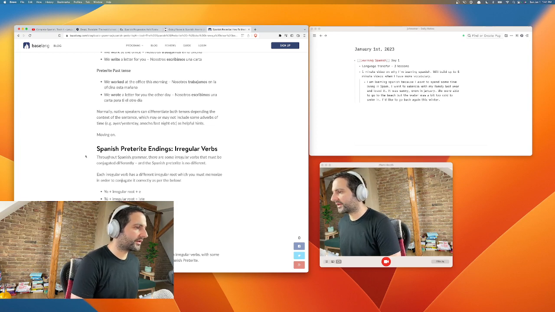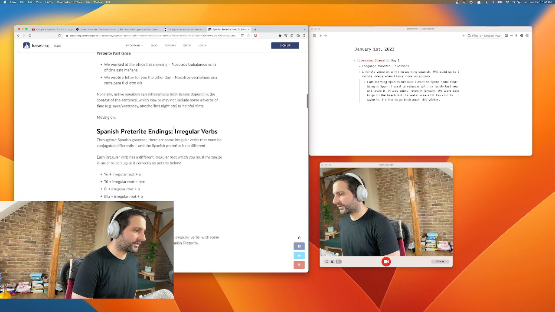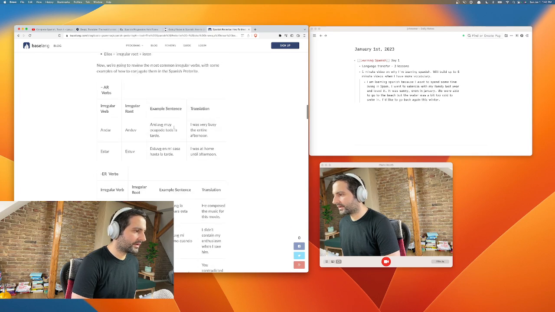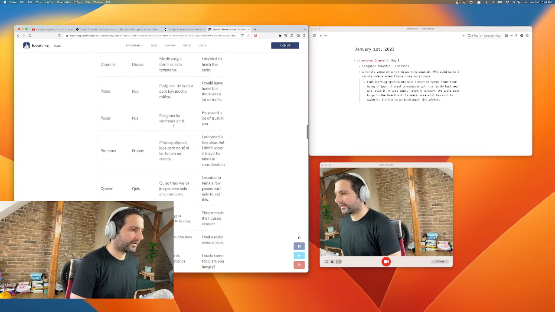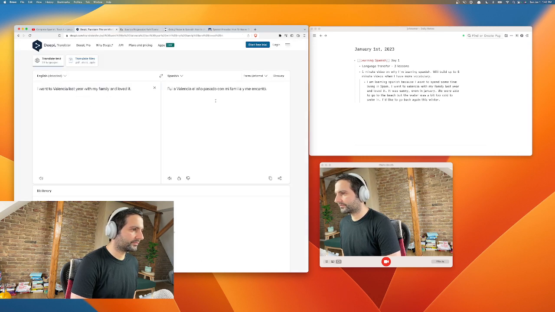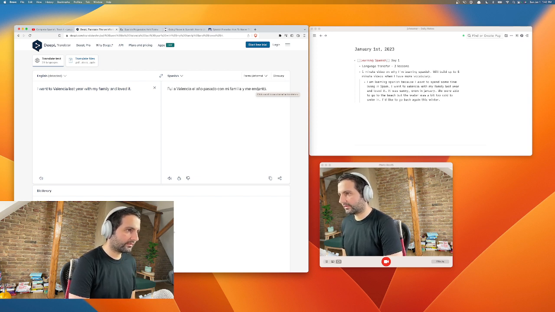Yeah, I'm just mapping out the landscape and trying to develop a quick way to identify things. Like even with this me encantó, I guess means I loved it, and that must be in the preterite tense as well.